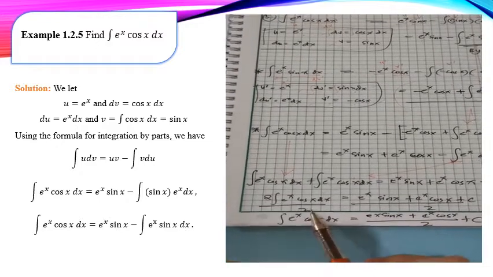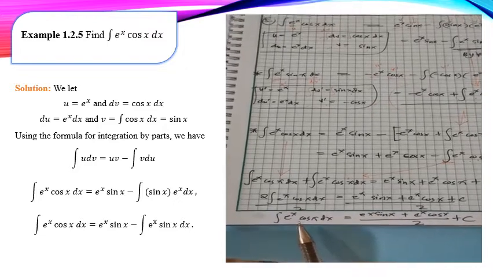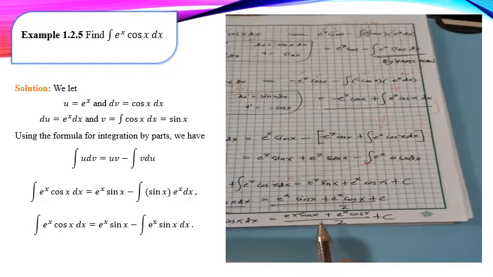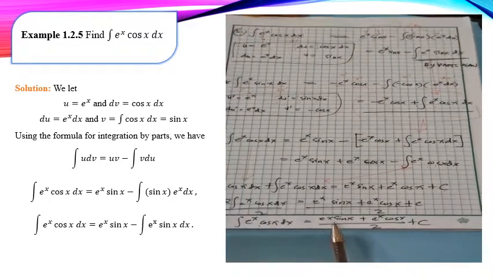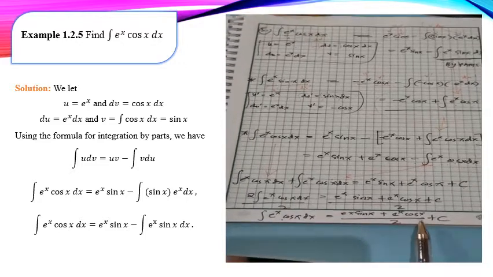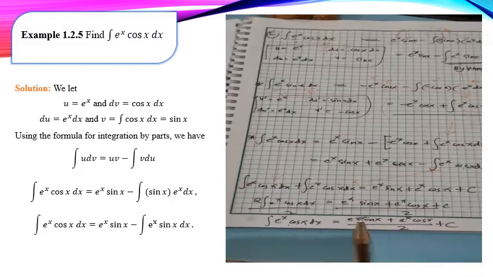So, 2 divided by 2, that is equal to 1. So, that's why we are left with integral of e to the x cosine x dx. Nag-divide din tayo both sides dito ng 2, kasali ito, that's why nalagyan to ng over 2 plus the constant. So, therefore, eto yung integration ni integral of e to the x cosine x dx.